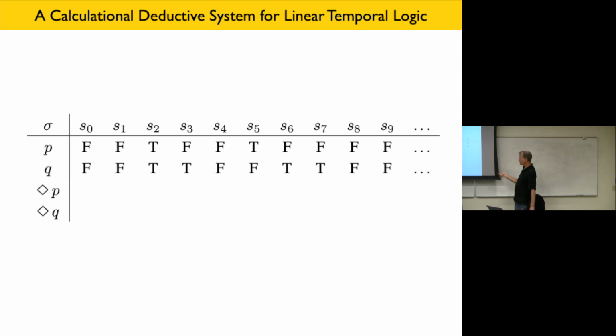Okay, can you predict this one? Suppose these are some random sequences. For P: false, false, true, false, false, true, and then false forever. For Q: false, false, true, true, false, false, true, true, and so on, forever.